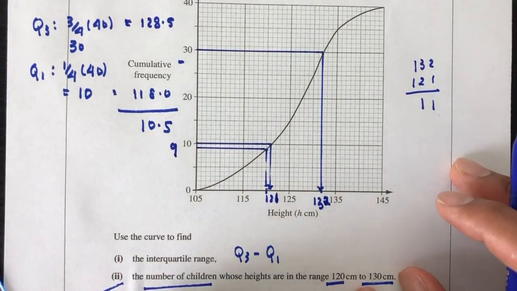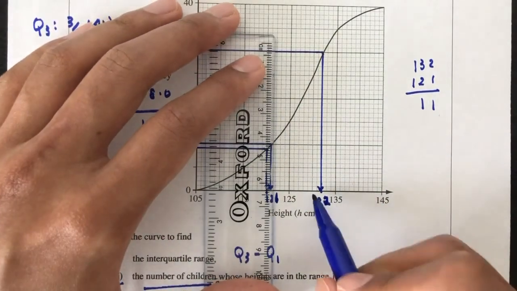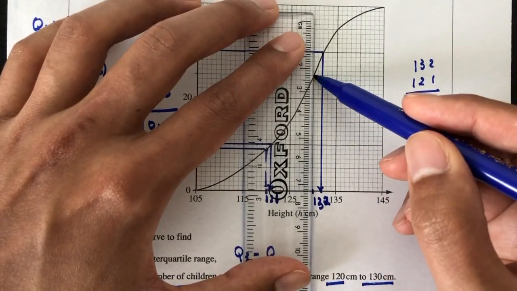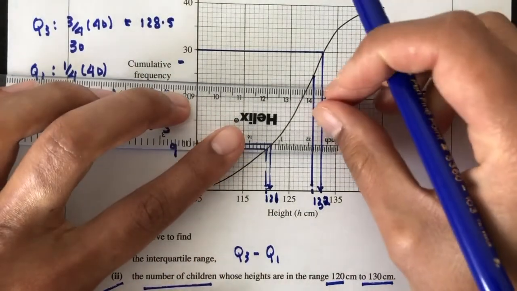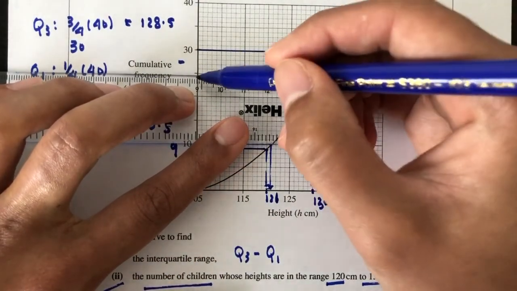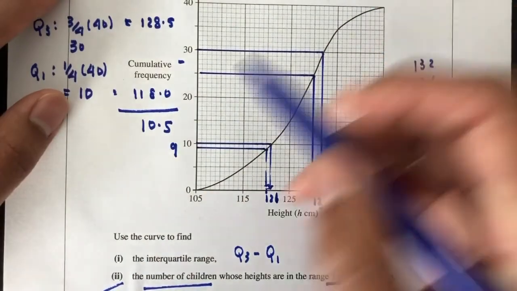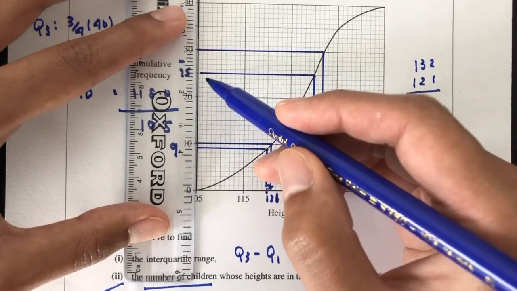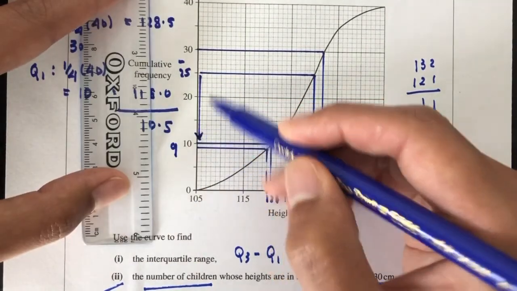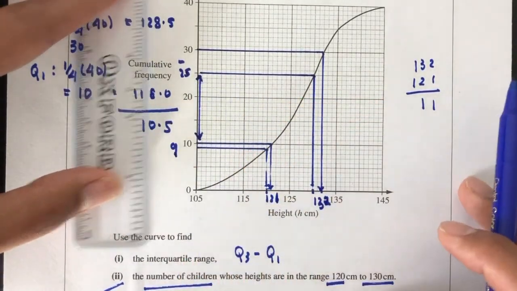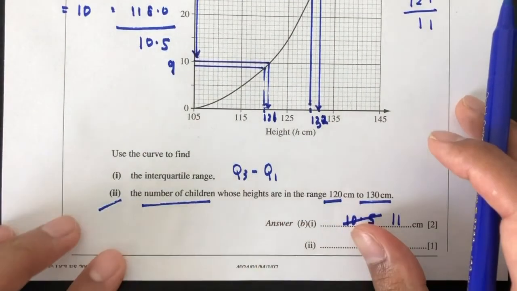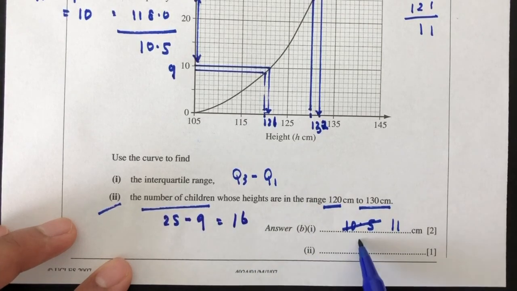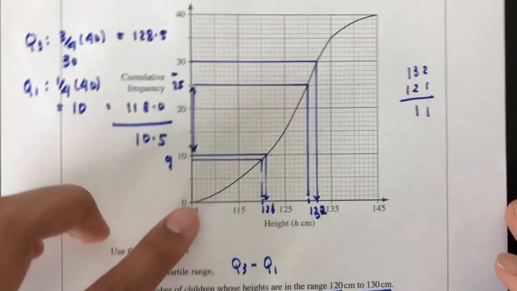Now 130 will be here, and the value is 25. So the number of people in between will be 25 minus 9, that will be 16. So 16 people will be between those heights.